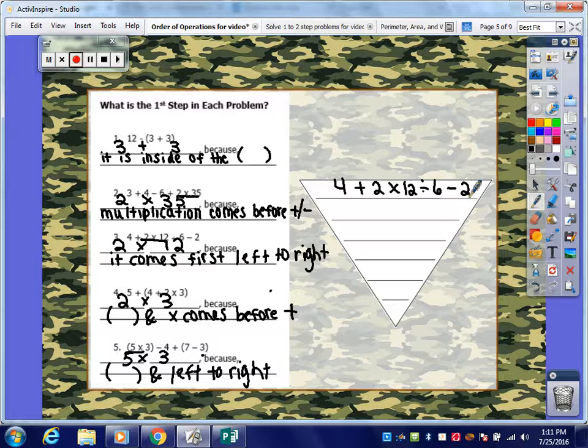Okay, and I always like to underline each step that I'm doing. So we already decided that 2 times 12 needs to come first. And what is 2 times 12? Good. So you need to underline it or use a triangle, something to help you remember that you've done that step. Okay, and I always write it directly below. Okay. And everything gets brought down in the same exact order that it was already in.